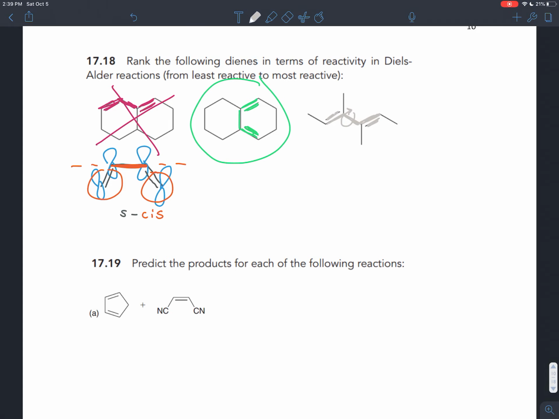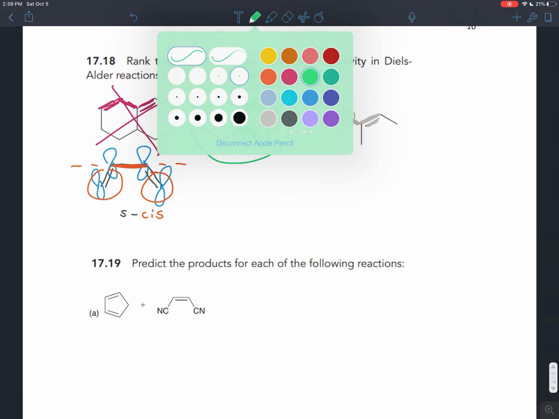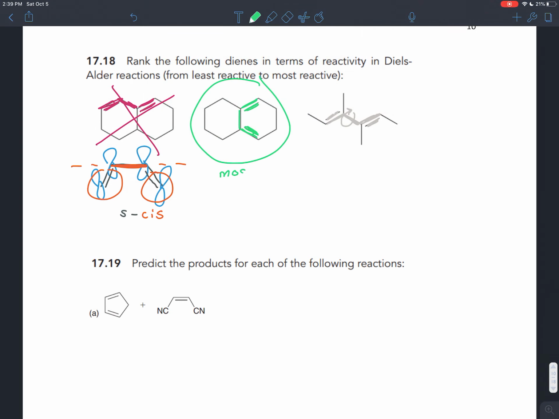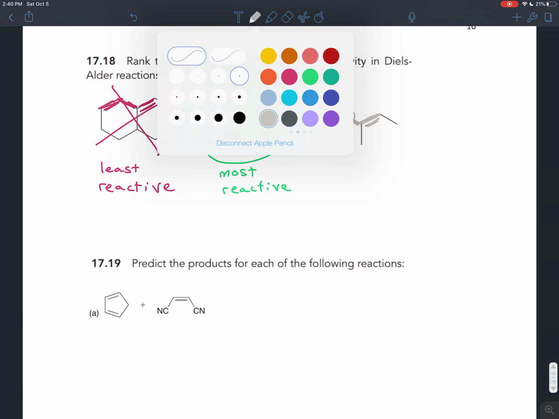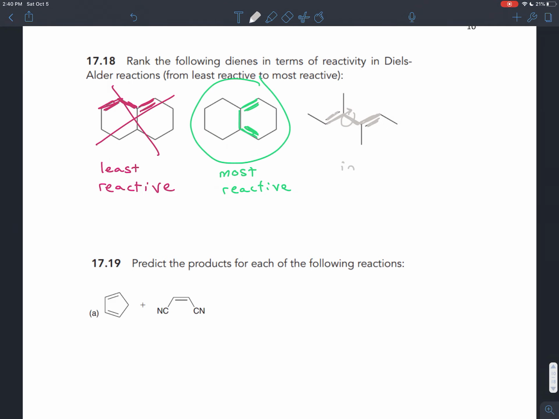So they want you to rank these in terms of reactivity. This one in the middle is the most reactive because it's stuck in the s-cis conformation. The one on the left is the least reactive. That will never undergo a Diels-Alder reaction. It's stuck in the s-trans conformation. And of course the gray one is in between.